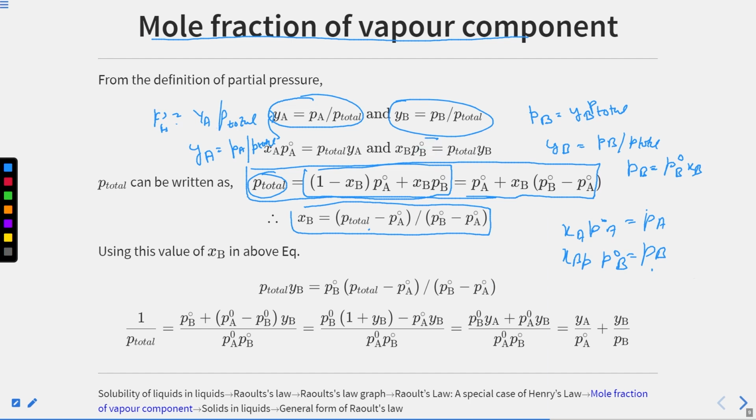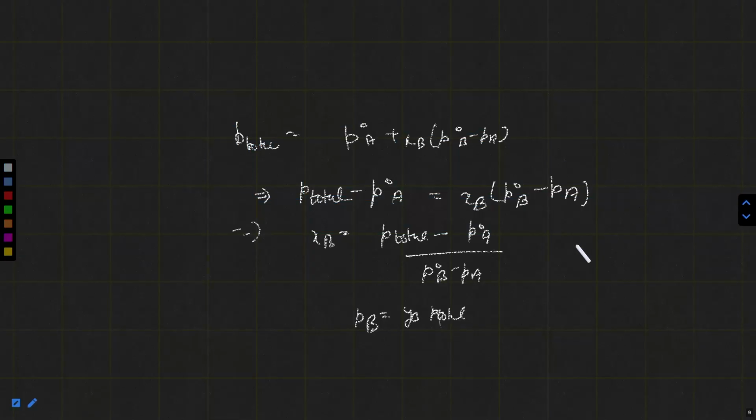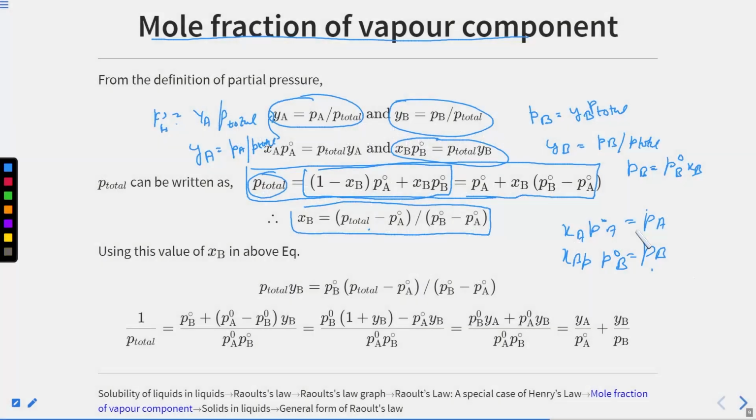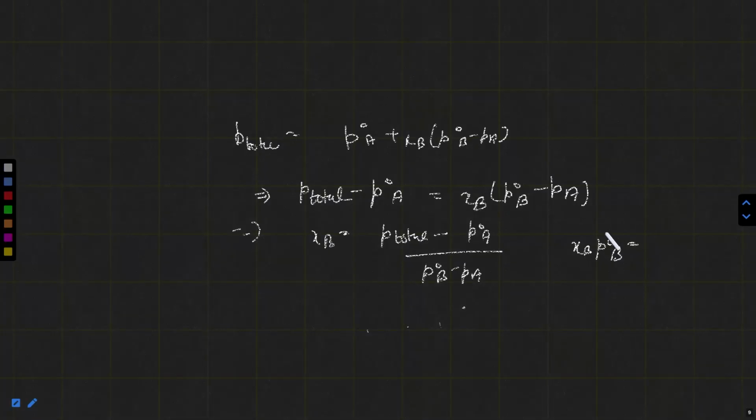We are taking this equation which says that XB P naught B is equal to P total YB. So we will replace this XB by this thing.